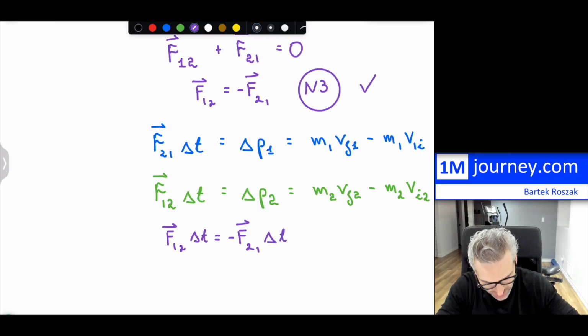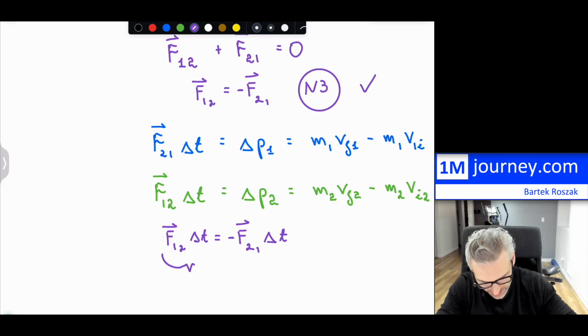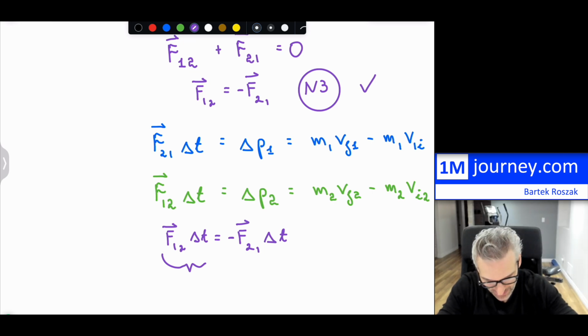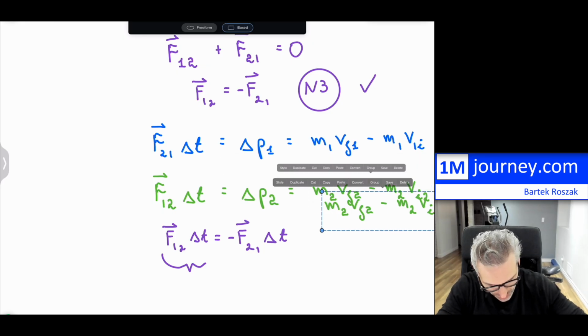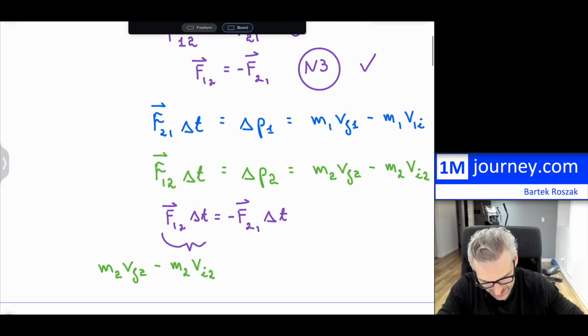So if I do this, it's still obviously equal, but notice that this right here is just the change of the momentum of that second mass. And that particular change, we have right here. So I'm going to duplicate that in, and put it in right there. So that's going to be on that side.